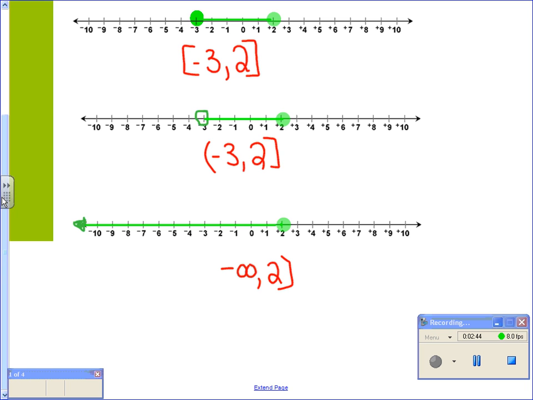It keeps going, right? Forever and ever. So you have to use a parentheses. Anytime you use infinity or negative infinity, they're going to be parentheses because it never actually ends. You can't include infinity. It just keeps going and going and going. Y'all see how that works? So whenever it says write it in interval notation, this is what it's talking about, using the parentheses or the brackets.